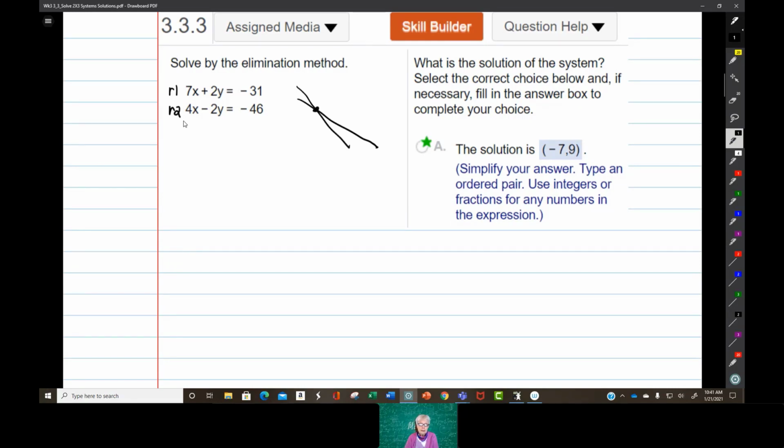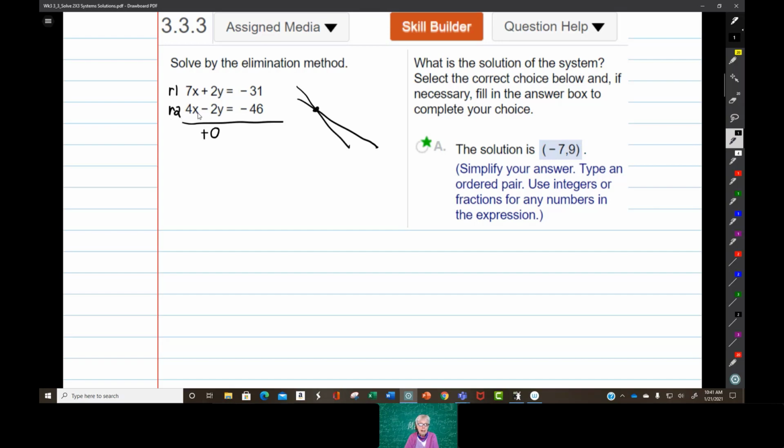So again, I'm going to add these together because I can see that 2y plus negative 2y, or if you prefer, 2y minus 2y is 0. Well, that zeroes out my y terms, which means I'm going to be solving for my x terms. Cool as grits.